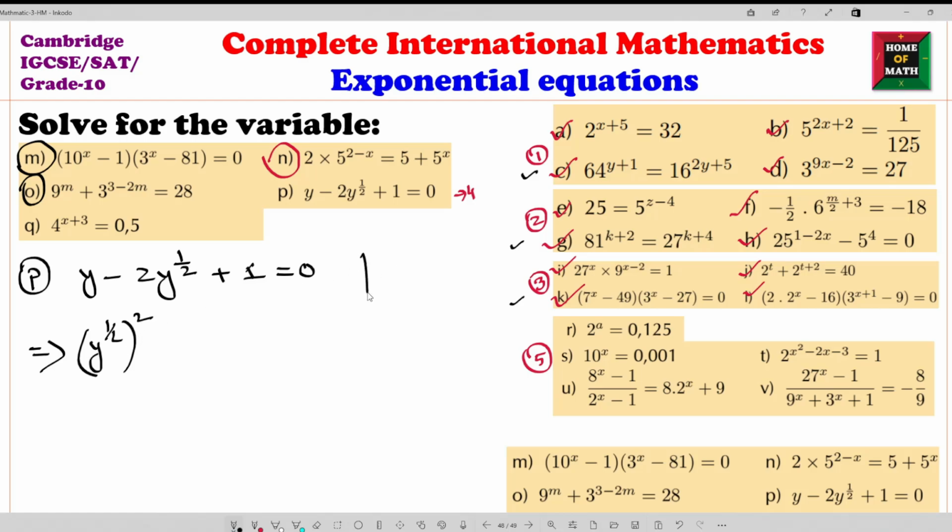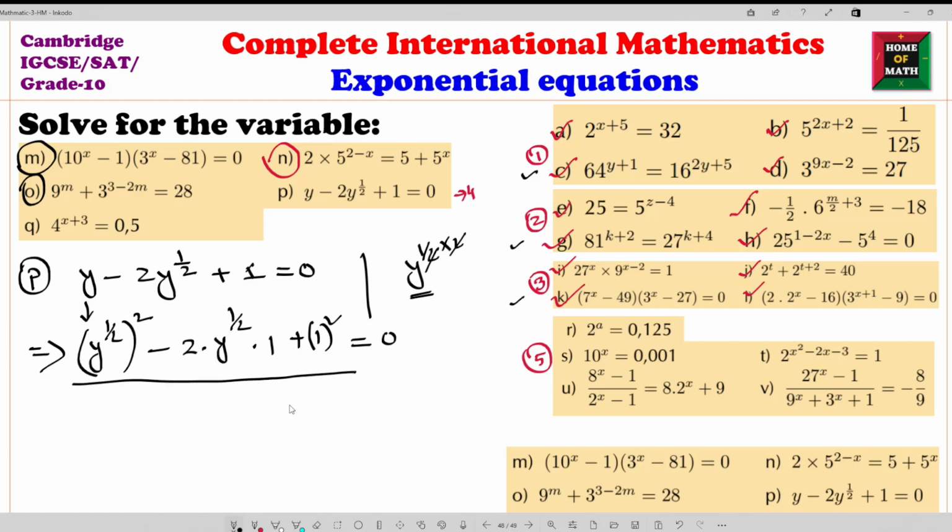So y to the power 1 by 2 times 2, it means 2 cross, so y, and this one similar thing, then minus 2 times y to the power 1 by 2 times 1 plus 1 whole square equals 0.